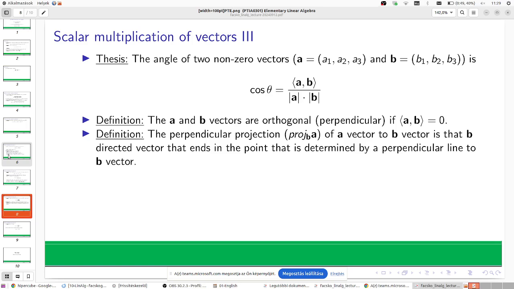The perpendicular projection of A vector to B vector is this one, and this is the sign.